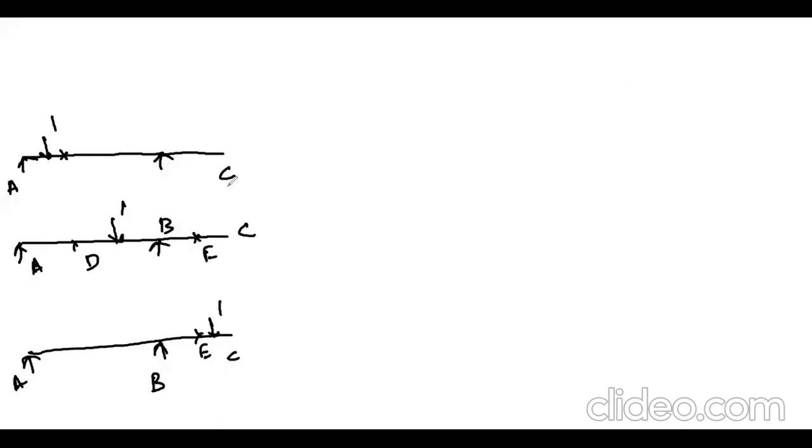Now the influence line diagram for the overhanging beam, for the force at the point D, will be like this. It will be varying from 0 to A by L. Then at the same point it is L minus Z by L. This is according to the loading condition 2.